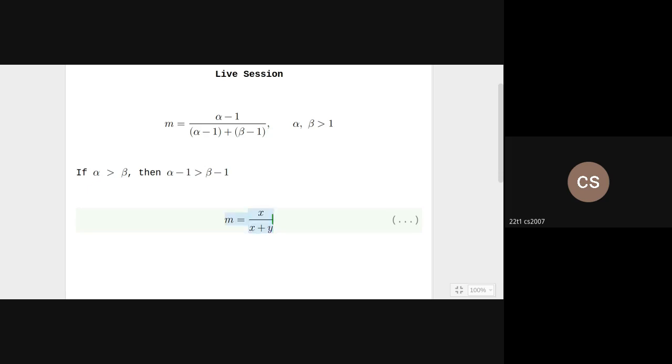Let me not complicate. If alpha is greater than beta, then the numerator is greater than one part of the denominator.